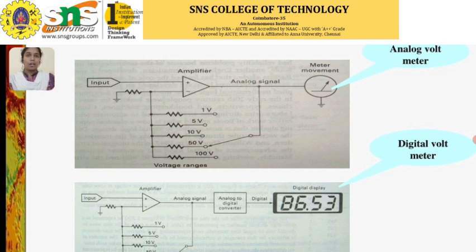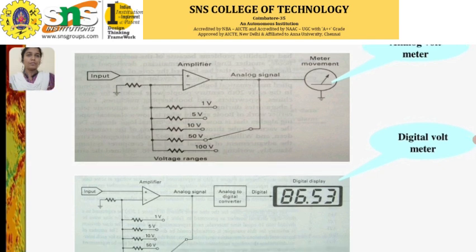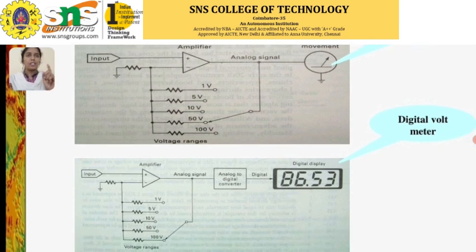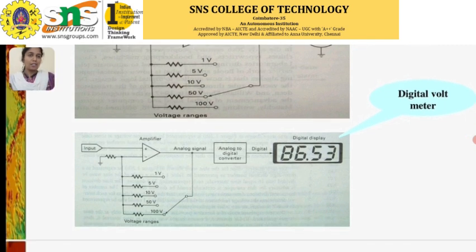Now consider the digital voltmeter, which converts the input voltage into a digital signal using an analog to digital converter, that is ADC, as we are giving in the block, and displays the result as numerical values on a screen. It offers high precision and clear readability, often with additional features like auto ranging.